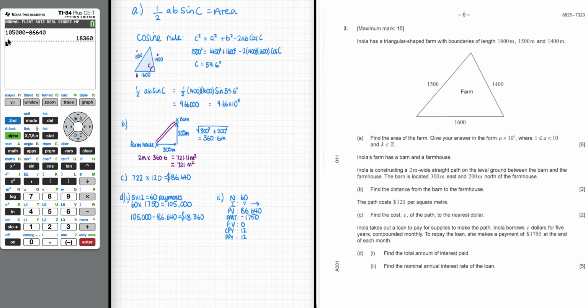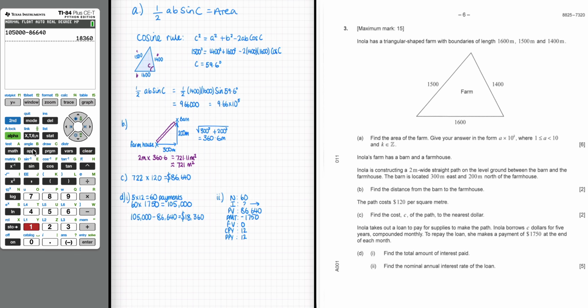Okay, so I'm now going into my finance solver. Apps, finance, TVM solver, and I'm just typing in all that information. The interest rate is what I'm trying to find out. 86,640 and 12. There we go. Now I'm going to go to alpha and solve.